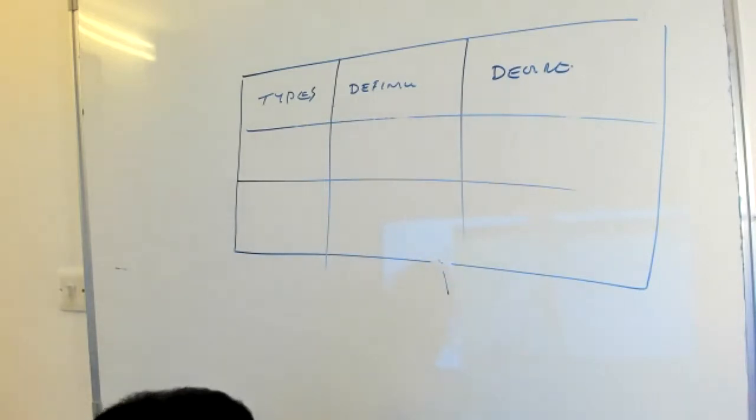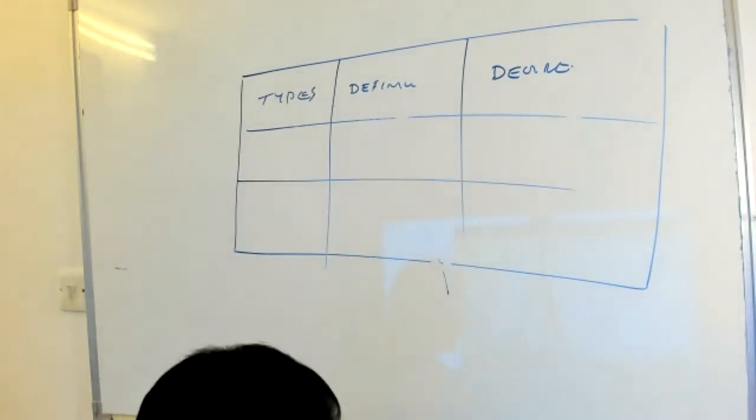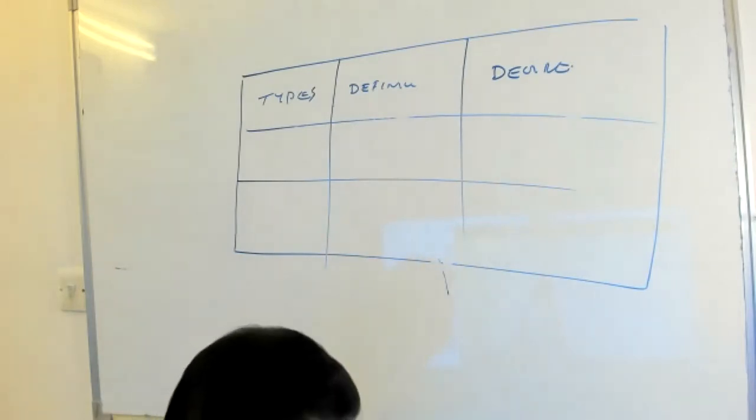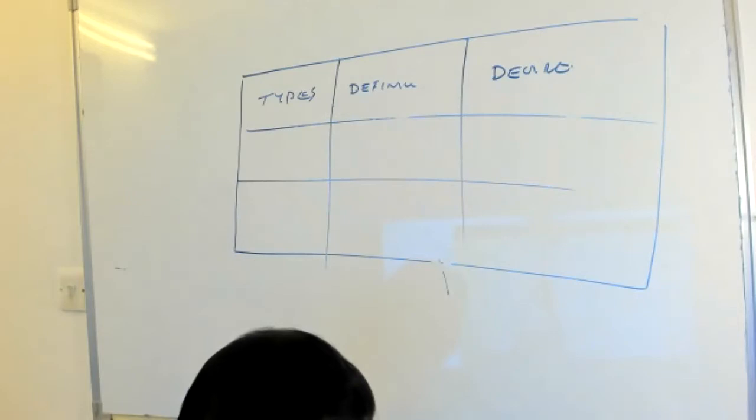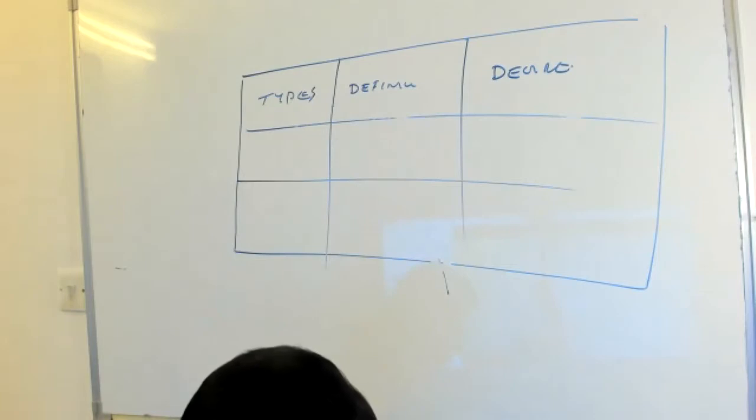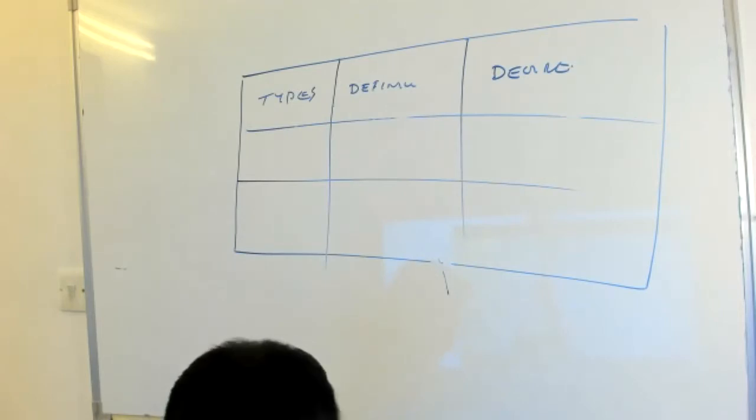Next, quadratic polynomial. Q, U, A, D, R, A, T, I, C. Quadratic polynomial.